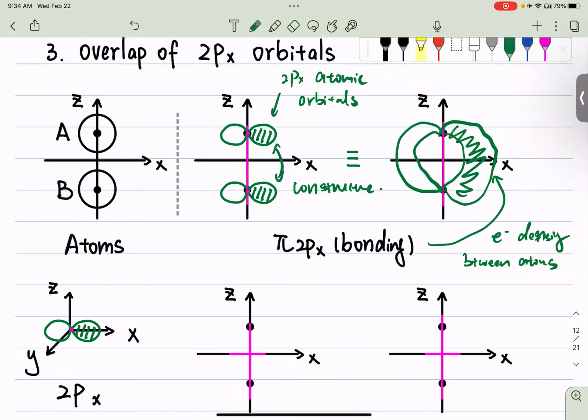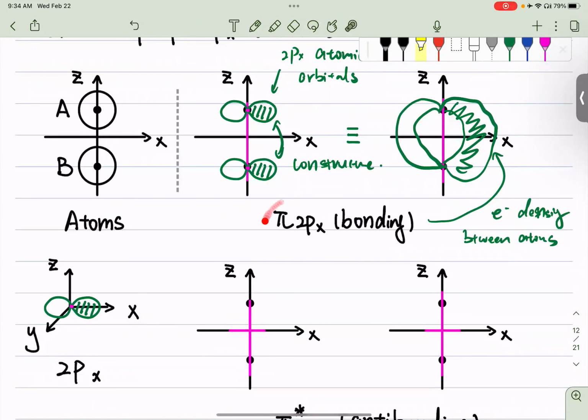All right. And these px and py, the overlap of px and py creates a pi molecular orbital. We call it a pi molecular orbital because there exists a node plane, an angular node plane that is containing the axis.